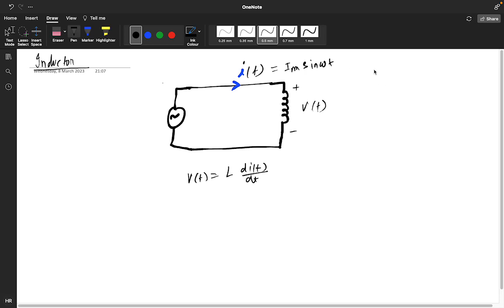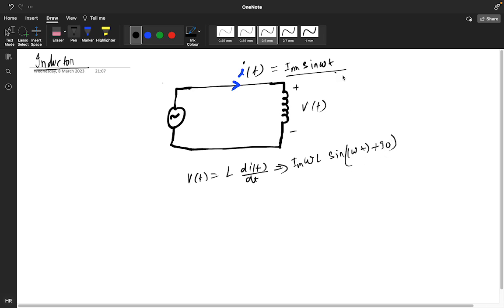In previous classes we discussed that I of t is equal to Im sine omega t, and if you put this value, you will get Im omega L sine omega t plus 90 degree.